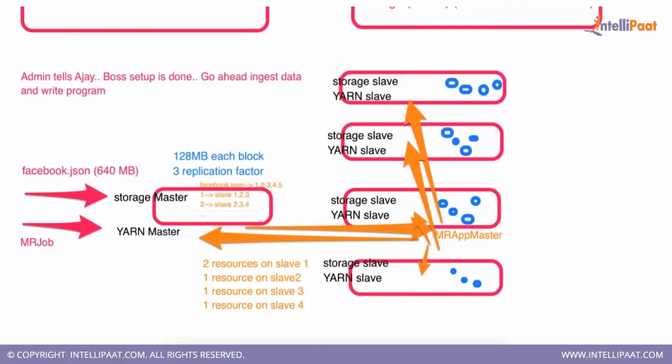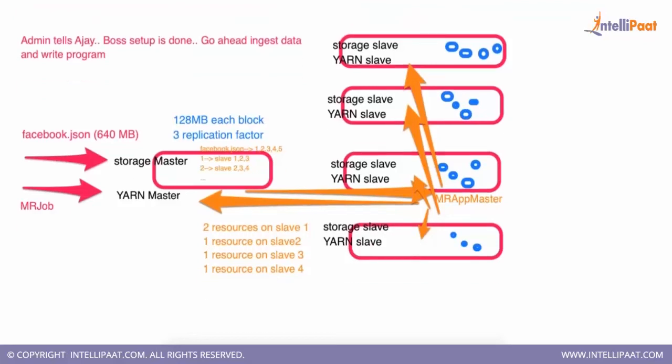Tell me what you need from me so that I can give it to you and free up. The app master says, listen, there are 5 blocks in this particular file, so I would require, let's say, 5 resources. Give me 2 resources on slave 1, 1 resource on slave 2, 1 on slave 3, and 1 on slave 4, and I should be able to do my job. The Yarn master says, of course, take these resources, go do your business, and we are good to go. That's how it really works. Are we clear with this?